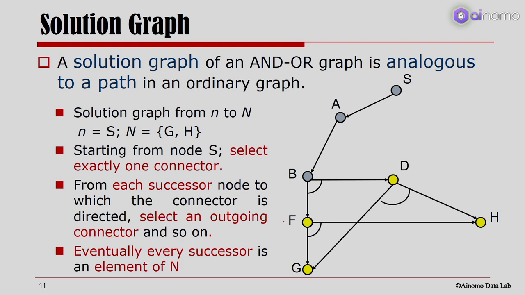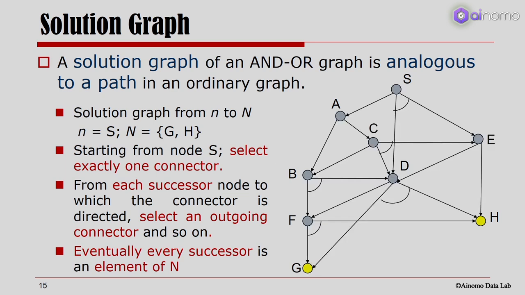Then once F and D are solved, I have B marked as solved. Thereafter A could be marked as solved, and thereafter S could be marked as solved, because for solving S all I need is solving A. This is the solution subgraph for the AND OR graph that we started with.